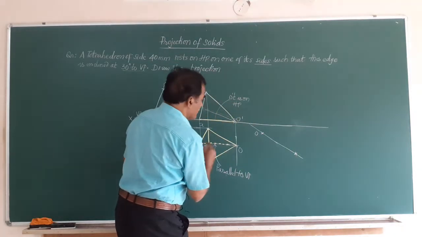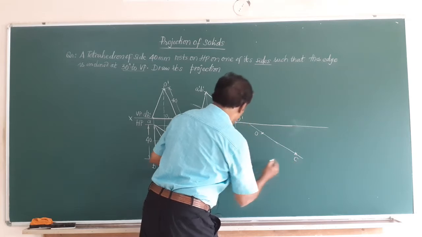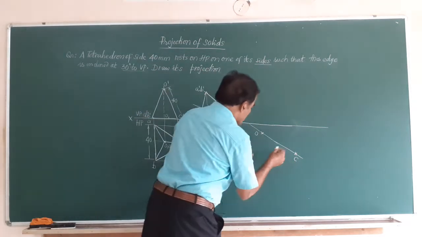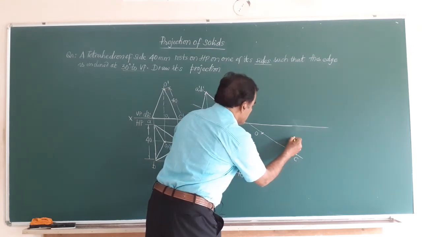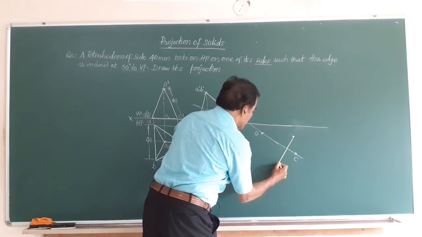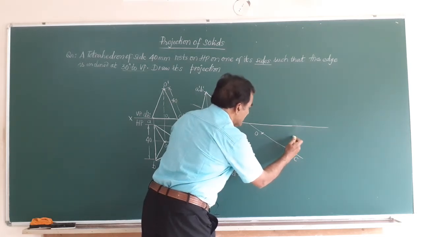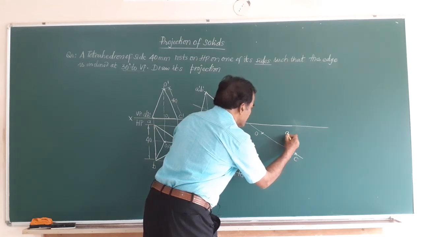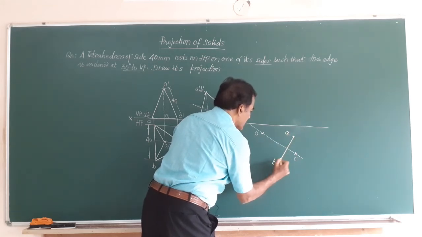Friends, this is going to be your point C. Then after getting C, you have to mark this AB at this gap. So, this is going to be your A and B. You can mark A here, B or C, or A, B, C. It is all the same, it will not make any difference. This is AB and this is C.